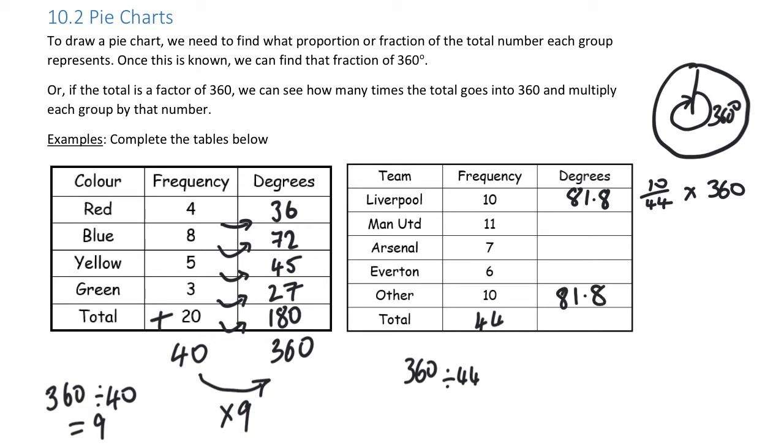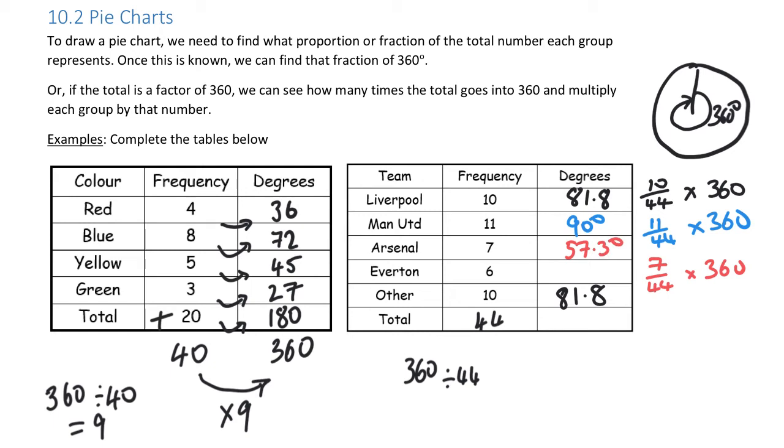If we go to Man United, that's going to be 11 out of 44 times 360, which works out to be 90 degrees. Arsenal is going to be 7 over 44 times 360. Putting that into the calculator, we get 57.3 degrees.